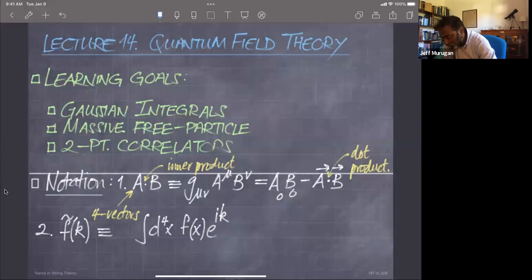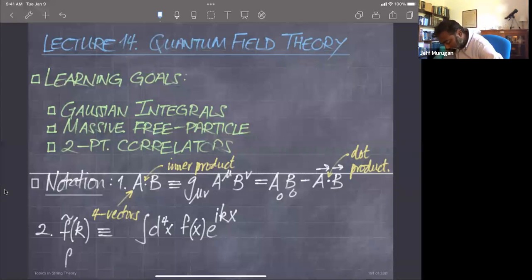In principle, I should write down a dot, kx, meaning this dot, but I'm going to take the liberty of abusing notation and just write down e^{ikx}. So typically when I leave out the dot there, I mean a 4-vector product.